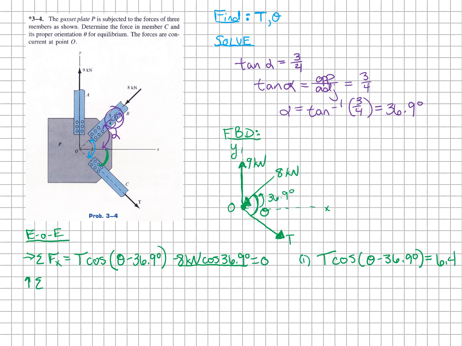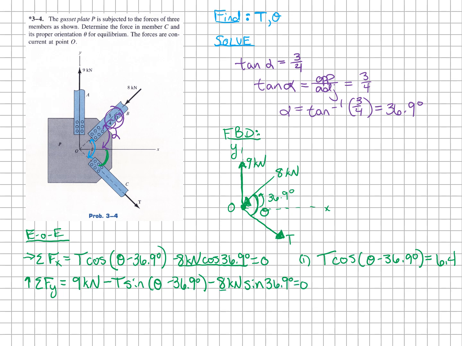Then we have the sum of the forces in the y direction is equal to my 9 kilonewton force, which is pointing all the way up. Then I am subtracting T times the sine of, again, that angle is theta minus 36.9 degrees. And then subtracting the y component of the 8 kilonewtons, which is 8 kilonewtons times the sine of 36.9 degrees, and set that all equal to 0.